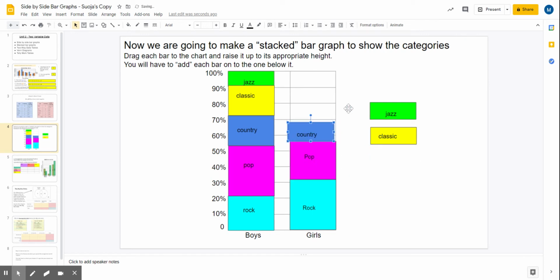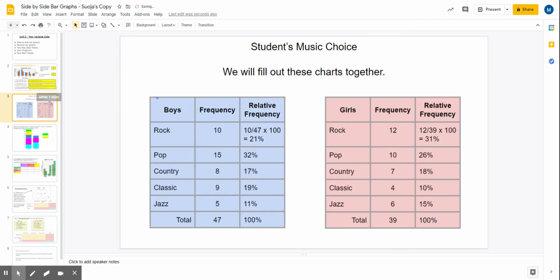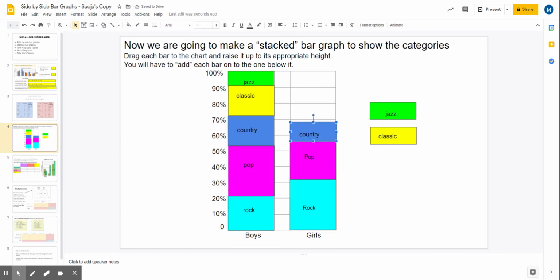Country. Okay, so we're kind of in the mid-50s. Country for girls is 18%. So that's 10%, 20%, back off a little, maybe 18.